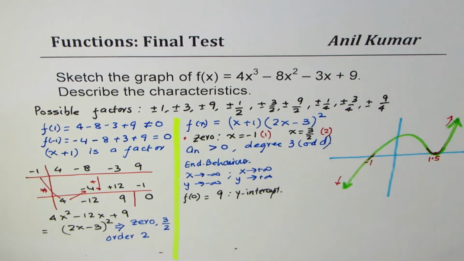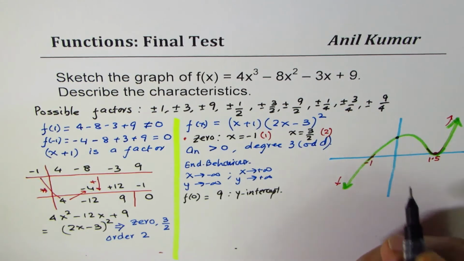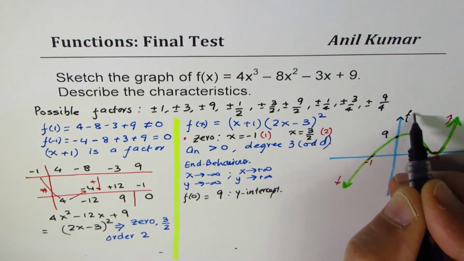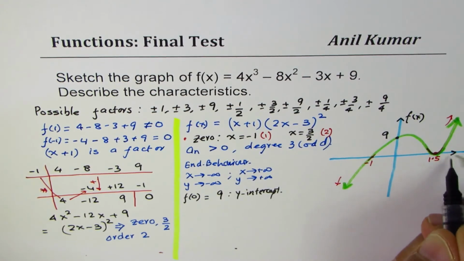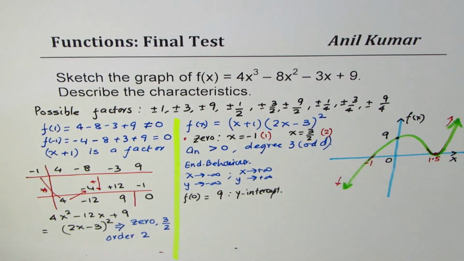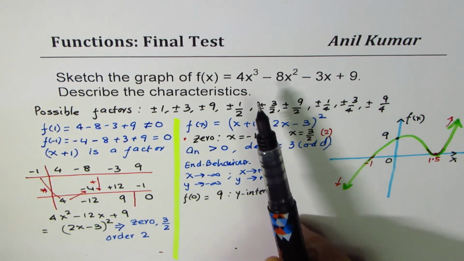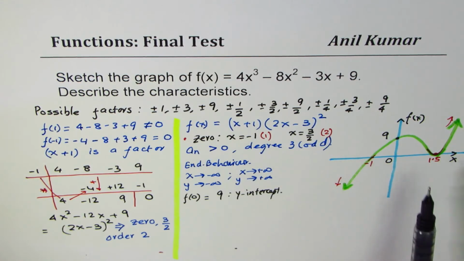Does it make sense? So that becomes the graph for the given function, and mark the point y-intercept, which is very important. That completes the job. It's not a big deal. What you need to really do is follow the steps to get to the graph.